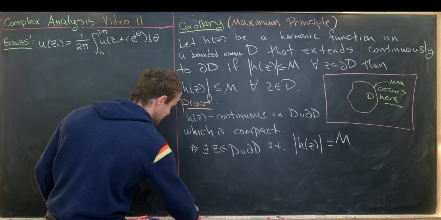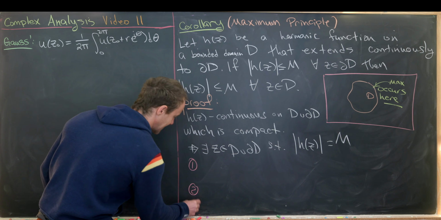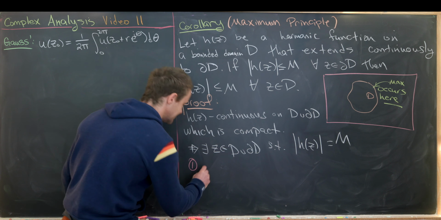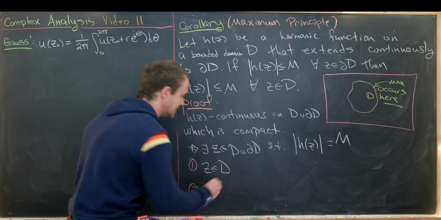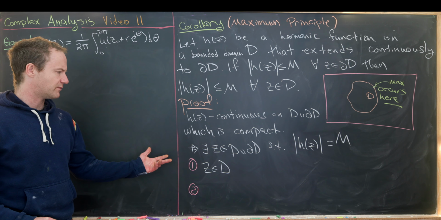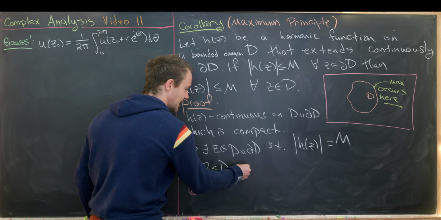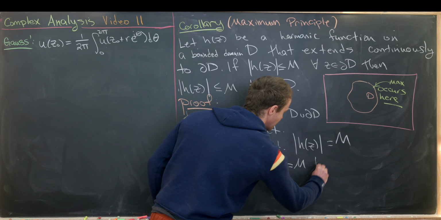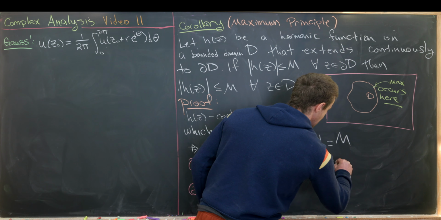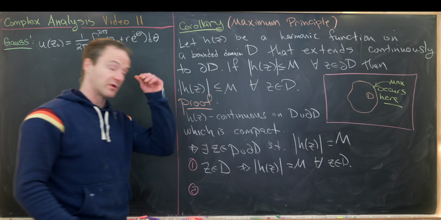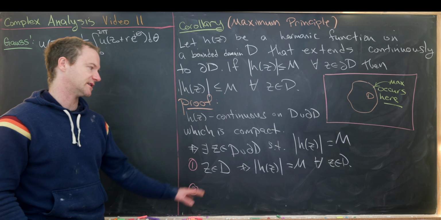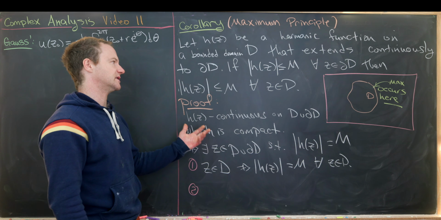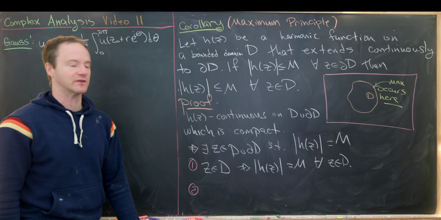And now let's break this down into cases. So we'll have a first case and our second case. Our first case is that Z is in D. But then by our previous result, that tells us that H of Z is equal to M for all Z in D. Remember, H of Z must be a constant, and thus its modulus is always M. But M is most definitely less than or equal to M, so we've satisfied the result here.